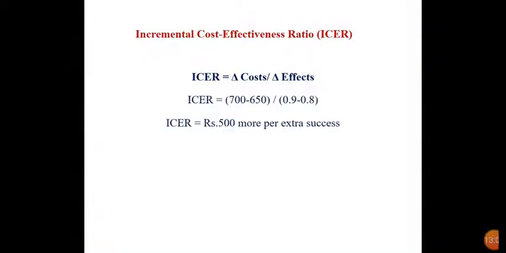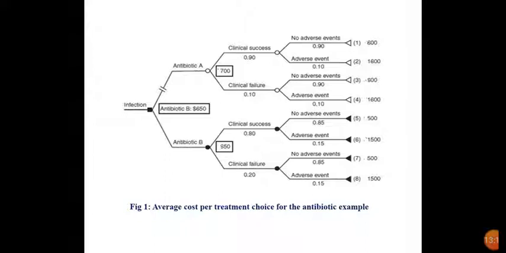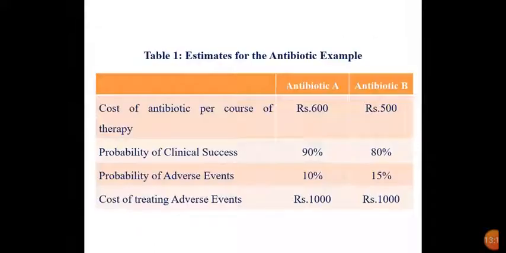The next thing is, these calculations show that antibiotic B is less expensive, even when including the cost of treating adverse events.